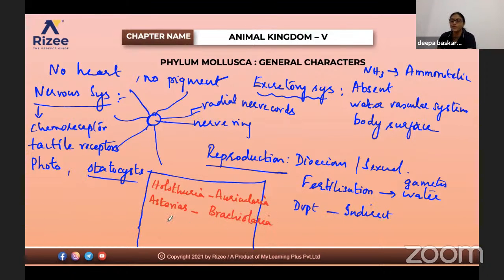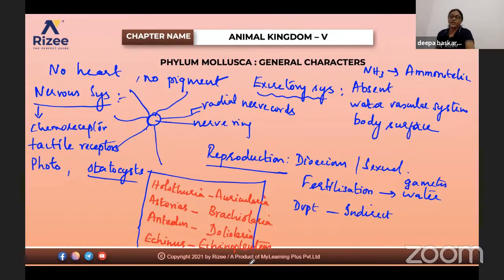The name of the larva is Brachiolaria. And again, Antedon is the adult and the larva is Doliolaria. Clear? Like that, Echinus is the adult form, and the larva is Echinopluteus. So like this, different echinoderms have different larval stages.